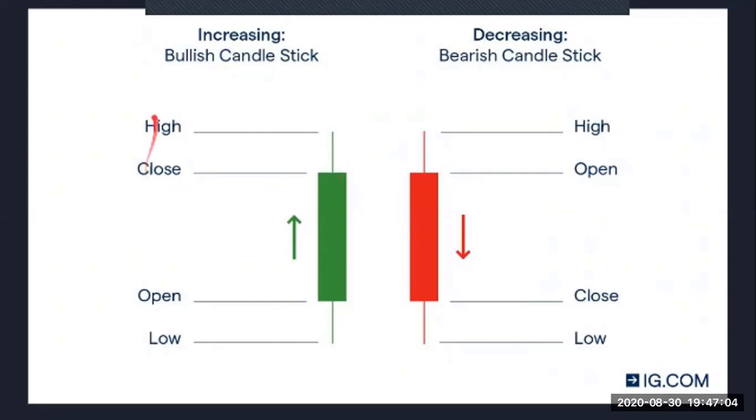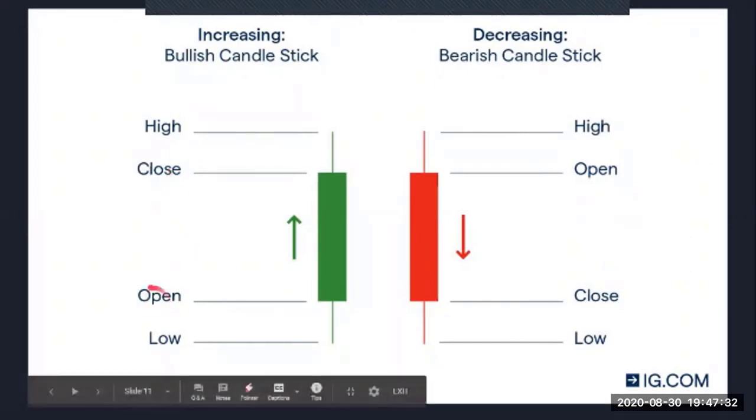So that means in a period of 1 hour, this high was the highest price traded. The high tells you the highest price traded. The close tells you the final price at the end of that 1 hour session. Where did the price end up staying? Do you understand?